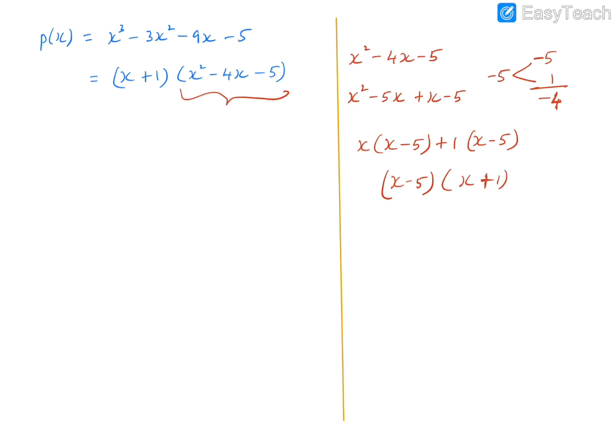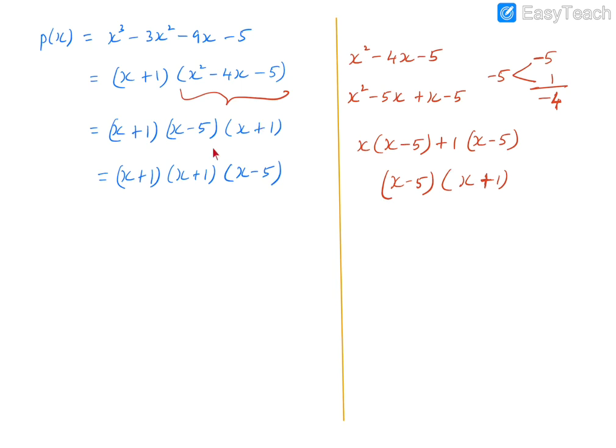Okay, so now we have the entire set of factors, which is x plus 1 into x minus 5 into x plus 1. Or we can also write this as x plus 1 into x plus 1, putting the x plus 1 terms together, and then we have the third factor, which is x minus 5.